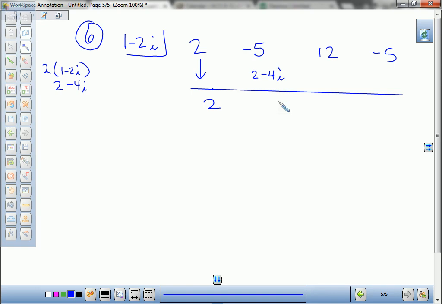So just like before, you can only put the real parts with the real parts, the imaginary with the imaginary when we're adding. So all we can do is put the negative 5 plus the 2 together, and that gives us negative 3. And then that negative 4i just hangs out at the end.